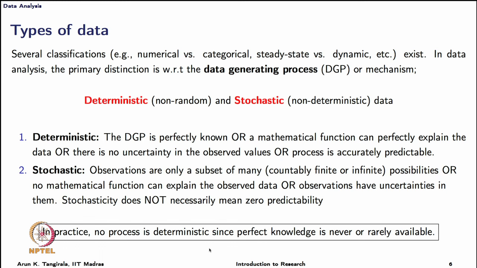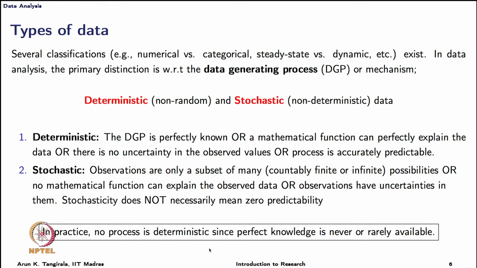In general, this is the situation. Sensors are never perfectly understood. You can design a very, very nice sensor that has very little noise, but no sensor is perfect and no sensor is really perfectly understood. So, in reality, there is nothing like a deterministic process. It is an idealization that is very useful in data analysis and in developing the theory.